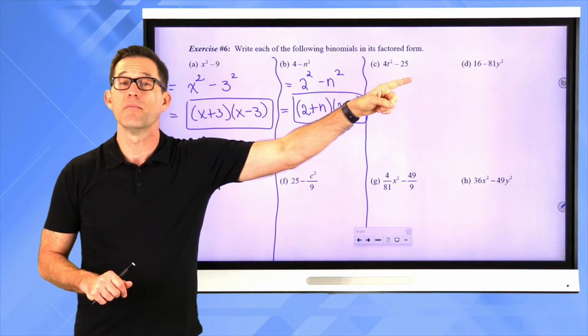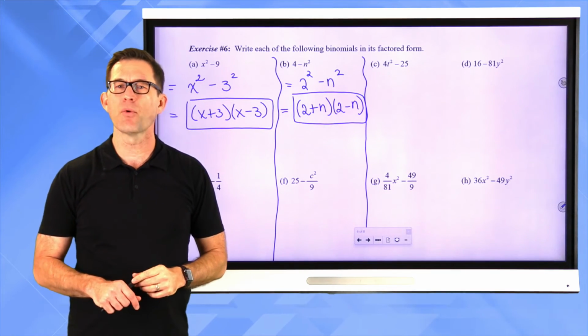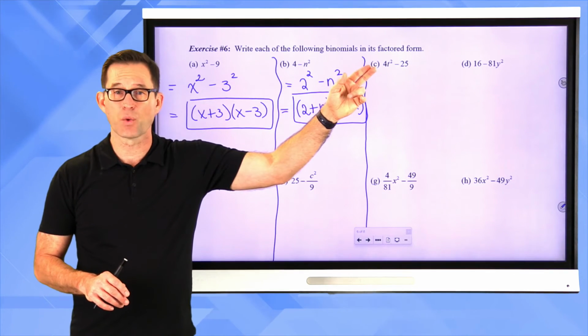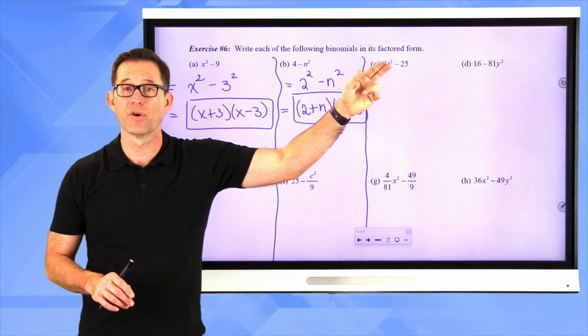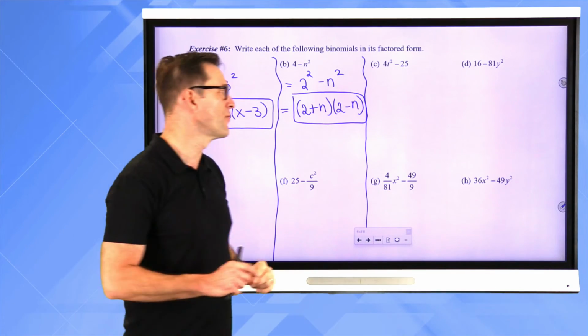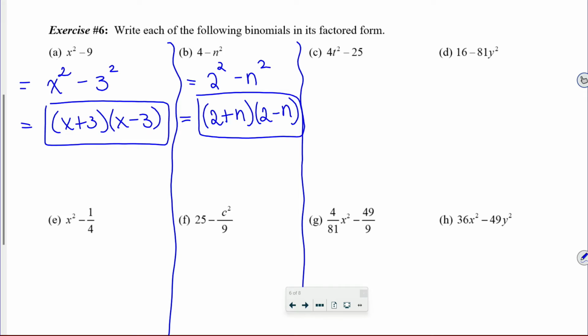4t squared minus 25. Now that's a little bit more challenging, but keep in mind that 4 is a perfect square, t squared is a perfect square, there's a difference, and there's a 25. Now again, I have to be a little bit more careful here, right? We really want to think about this as 2t squared minus 5 squared, in which case all of this becomes 2t plus 5 times 2t minus 5.